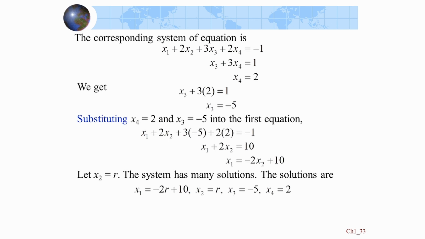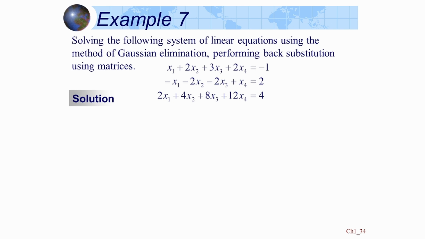And you see that x2 is free, so you just put x2 is r, some real parameter, and express the solution via this parameter. x2 is r and x1 is minus r plus 10. That was back substitution.